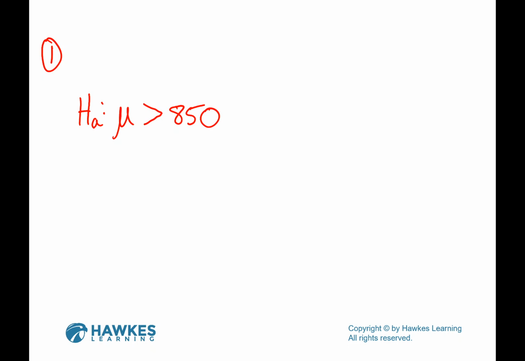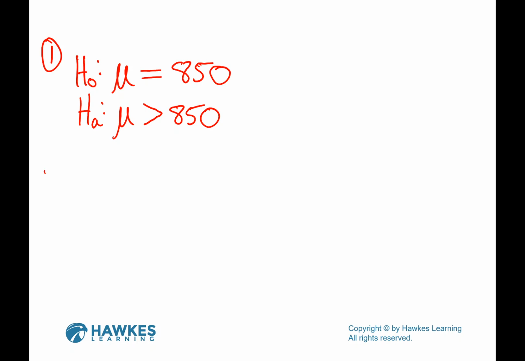And then we're going with the new edition's way of doing the null hypothesis. We would just say the null hypothesis is that the mean equals 850. All right, so there are our hypotheses. Any questions on those?